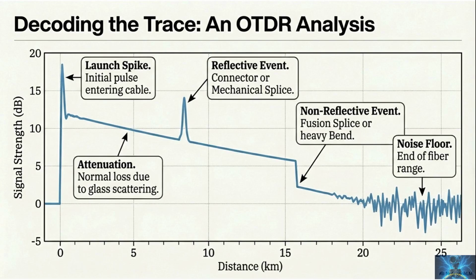Non-reflective events are often fusion splices or bends, where light is lost without a strong reflection. As distance increases, the trace slopes downward because of normal attenuation from scattering in the glass. Eventually, you hit the noise floor or the end of the fiber, which shows up as the end of measurable backscatter. Learning to read this trace is like learning to read a trend chart. Once you know the signatures, faults become obvious.